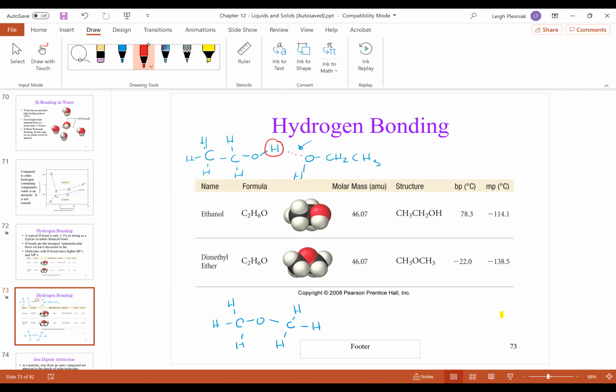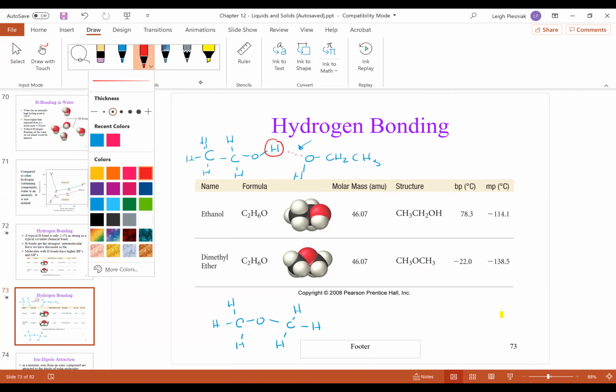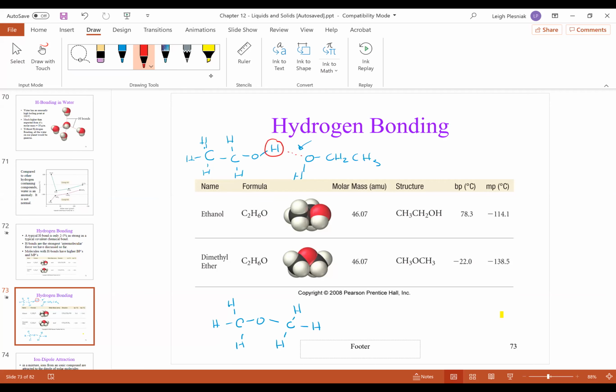Okay, so couple things. Ethanol and any alcohol, ethanol, methanol, those can all hydrogen bond. Ether, notice down here, there's no hydrogen that can hydrogen bond, right? Let me change colors up here.